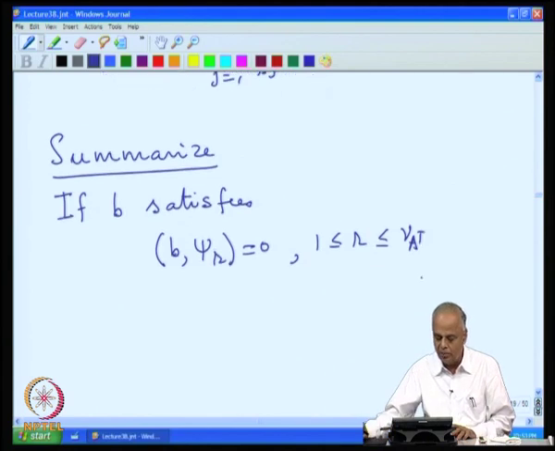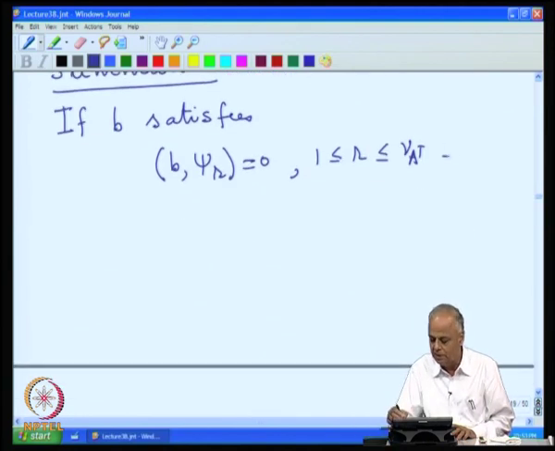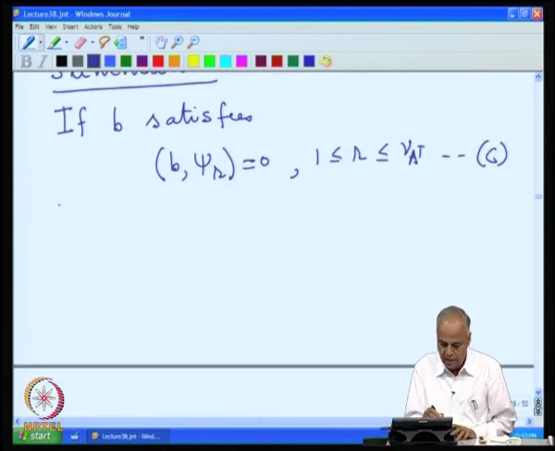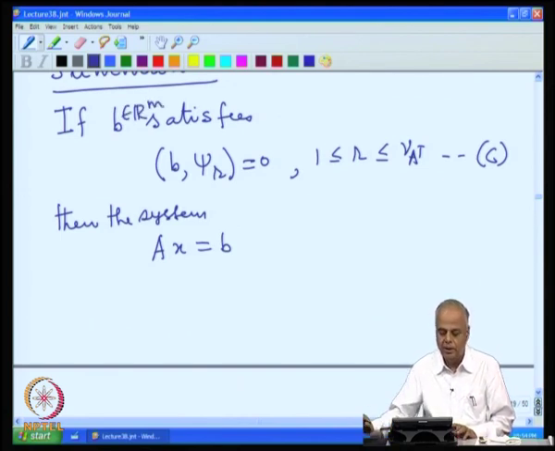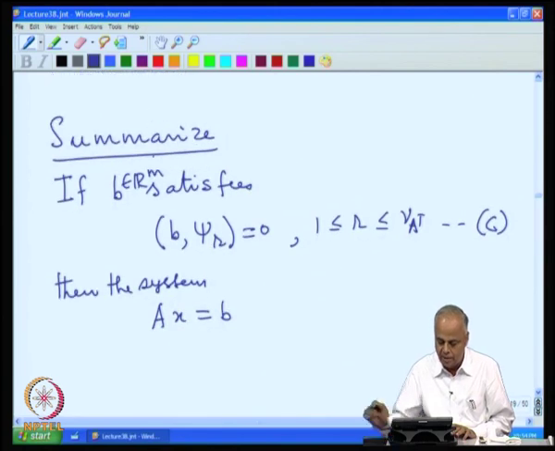If B satisfies these consistency conditions, then the system A x equal to B, of course, B is in R m. A is a matrix which is in R m n, let us write all the notations in the summarization.